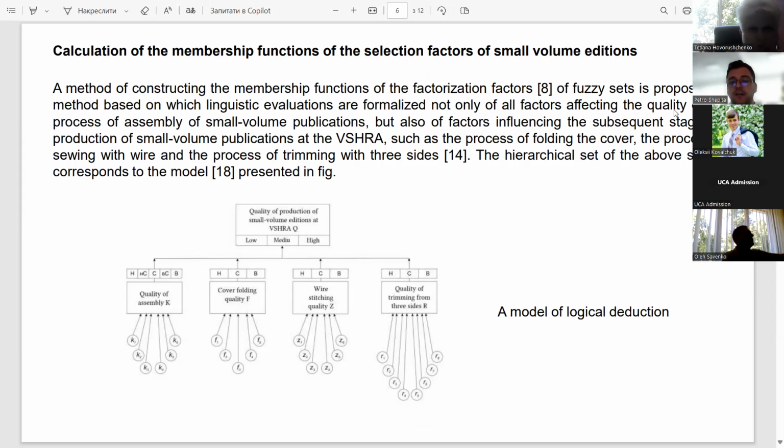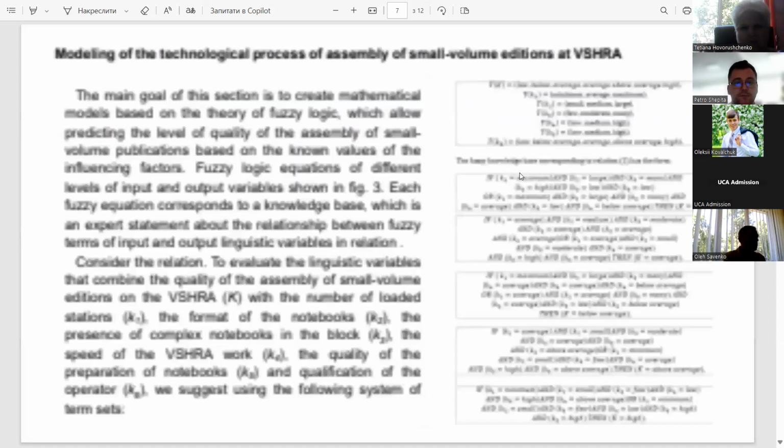The hierarchical set of the above stages corresponding to the model is presented in this figure.